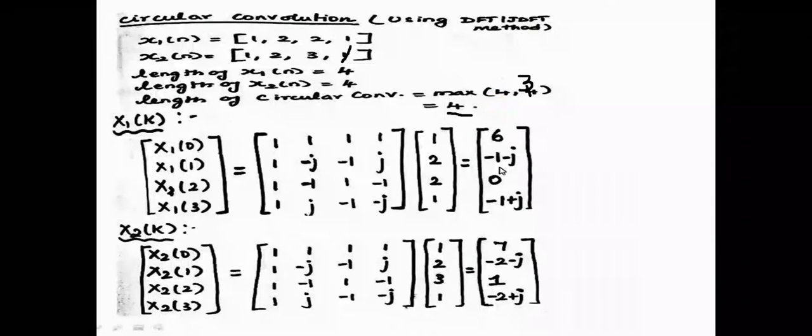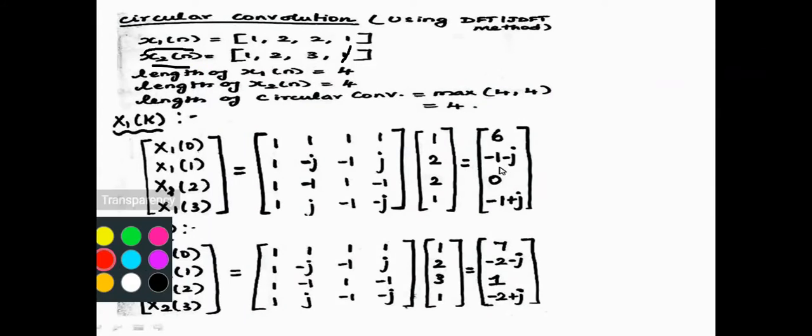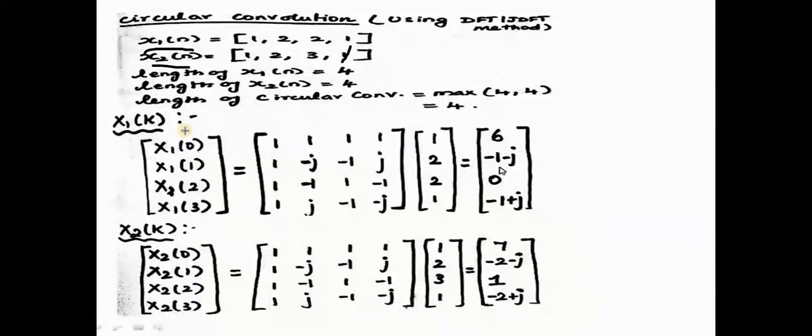Now, as the title says, it is a DFT technique, so you are going to find the DFT for each sequence, x1 of n and x2 of n, separately. So we know how to find the DFT.